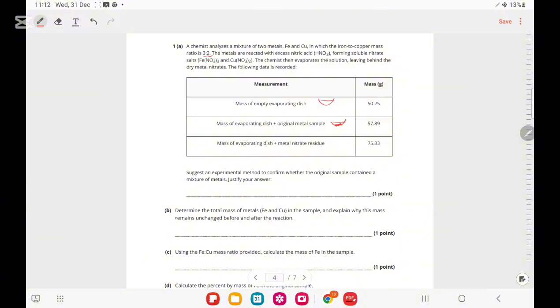We have discussed in the previous question as well that we are going to measure the melting point or boiling point of the sample, because we know that a pure metal has a sharp melting point and boiling point.